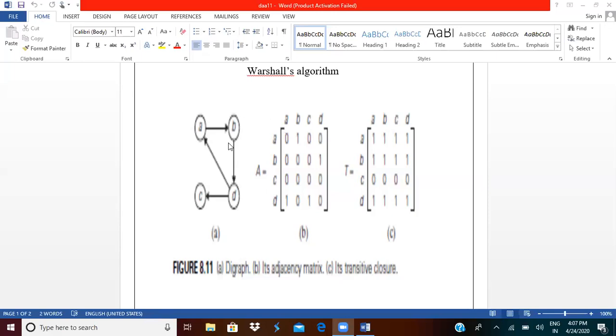Supposing there is a direct edge from vertex i to vertex j, then the matrix value at ij is 1. If there is no direct edge, for example from A to D, the matrix value would be 0. In this way, we fill our matrix with Boolean values, either 0 or 1. Such a matrix is called an adjacency matrix.